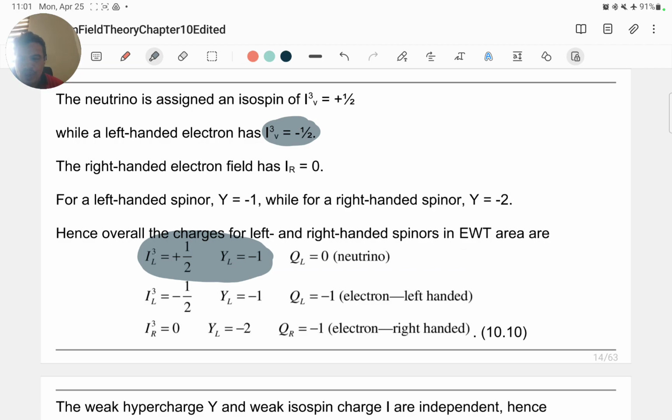For the electron, you have an I3 of negative 1/2, and then you add 1/2 of negative 1, so the total charge of the electron is negative 1. And for the right-handed electron, you have a weak isospin of 0 plus 1/2 of the hypercharge of negative 2, and again it results in a charge of negative 1.